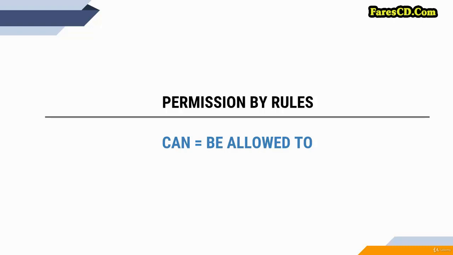If you speak about the future, then you use only be allowed to: will be allowed to. Passengers will be allowed to take more than a piece of hand luggage in the future.